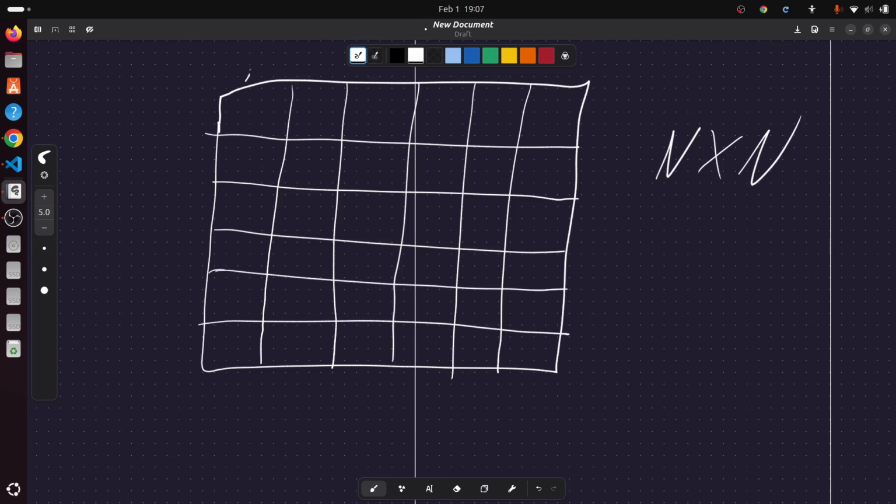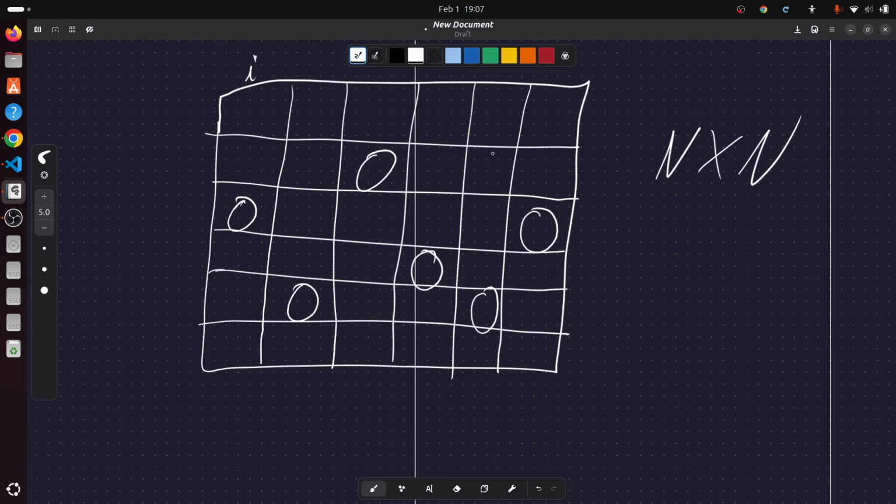Basically for the column i, the coin is located somewhere, so let's say in the row Ri. So let's say for the first column it is here, for the second column it is here, for the third one it is here, for the fourth one it is here, and for the fifth one it is here. Okay, and sorry, in between I lost a column, so let's say it is here.